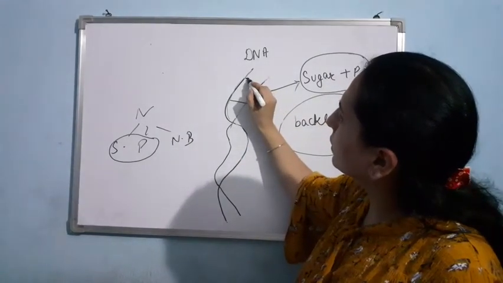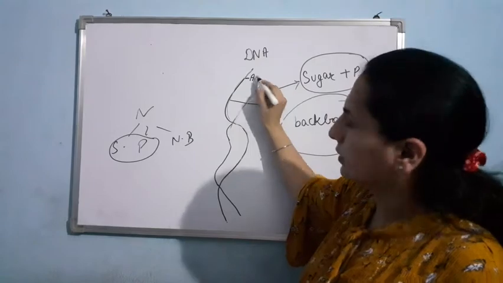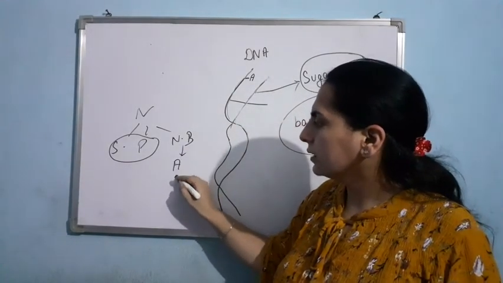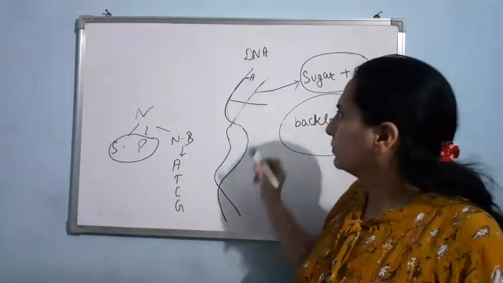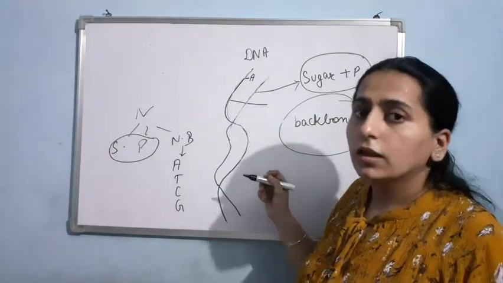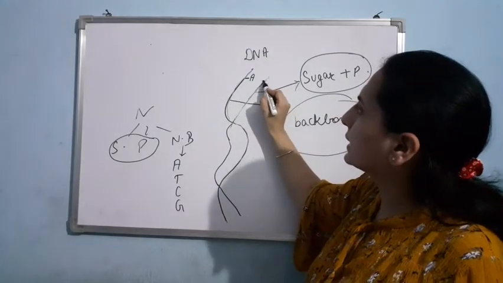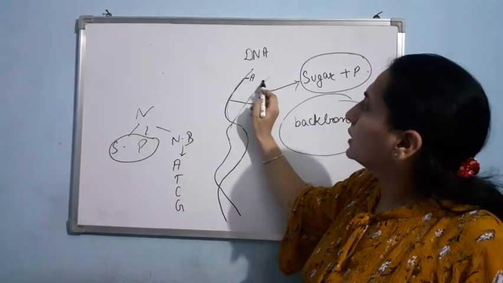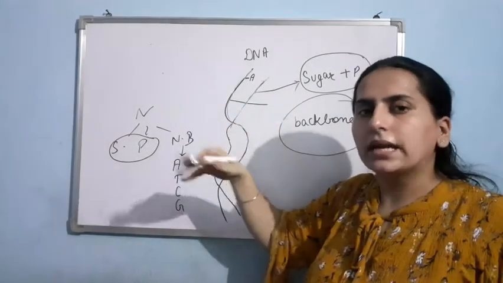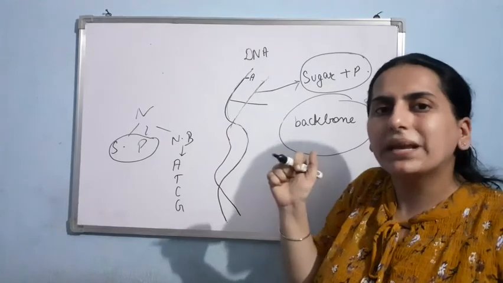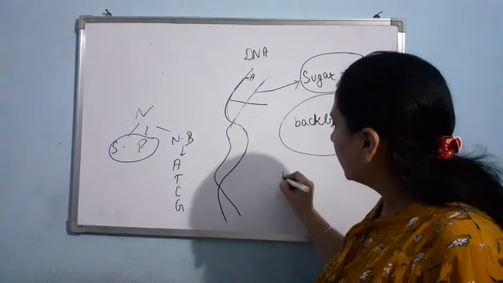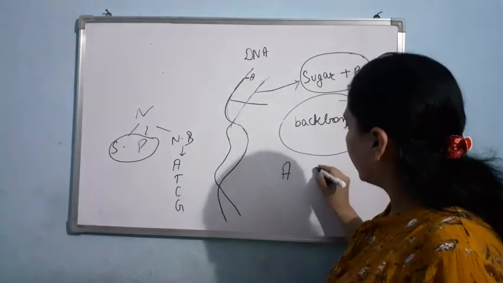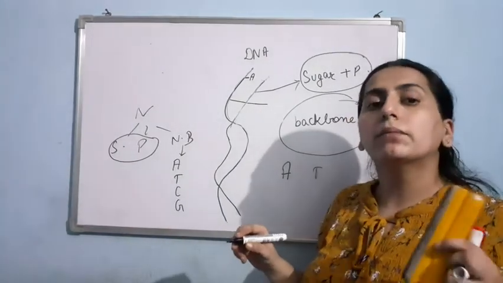Suppose here I am having one nitrogenous base A. As I told you, there are four types in case of DNA: adenine, thymine, cytosine, guanine. Suppose here I am having A. Now, in this second strand, this is the third characteristic feature. The second strand is complementary, so at that particular place, the adenine will always bond with thymine. And how many bonds will be present between them? 2.